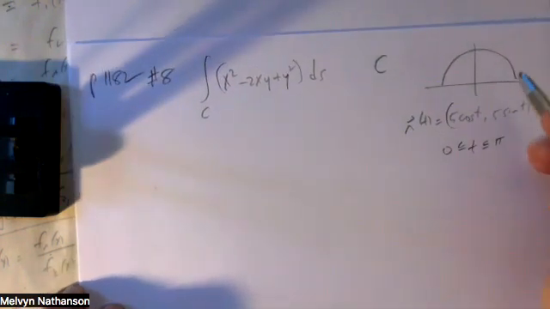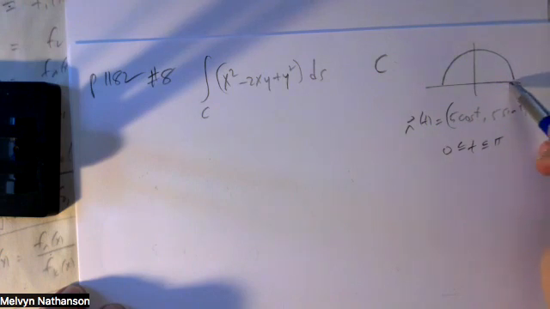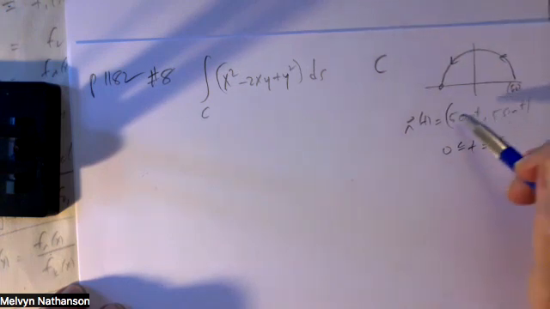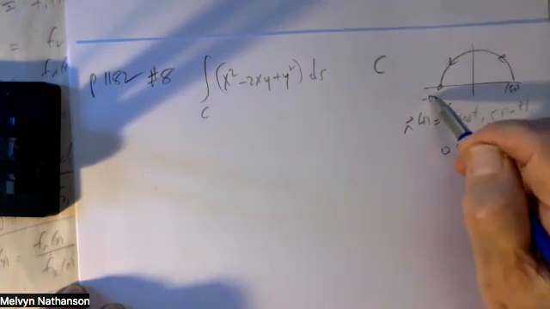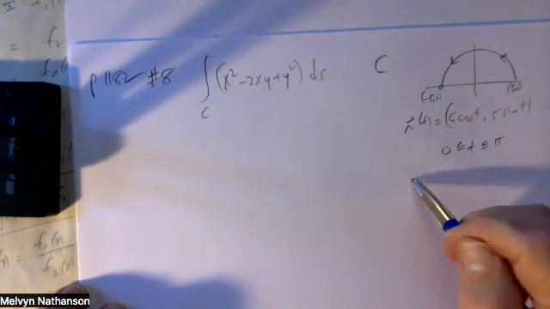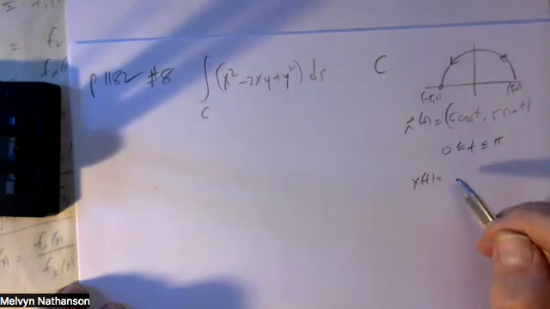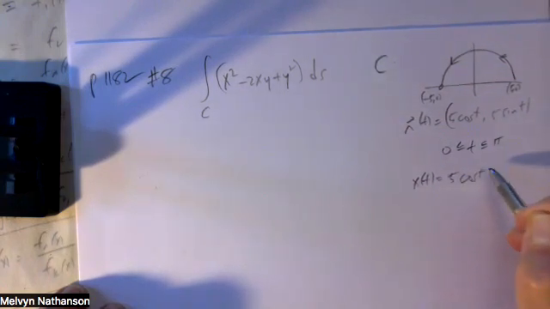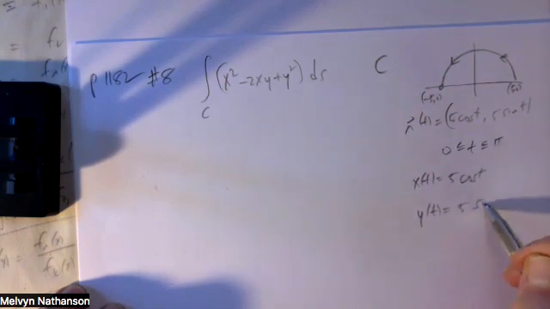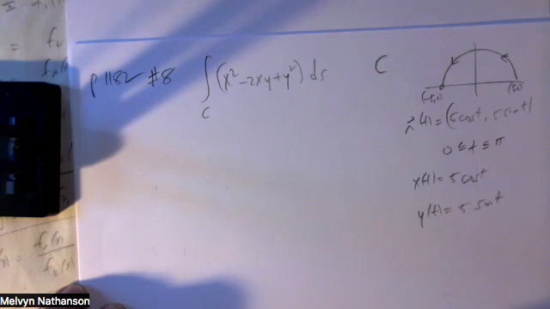That's the circle. When t is 0, you're at the point (5, 0), and you're going counterclockwise around the circle from (5, 0) to (-5, 0). So along this curve, x of t is 5 cosine t, and y of t is 5 sine t.